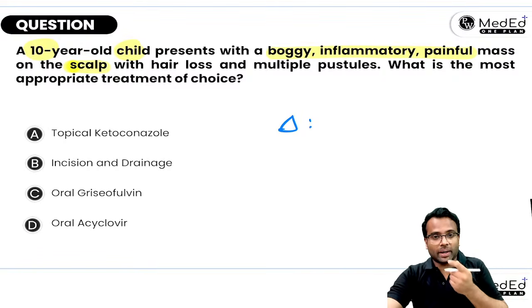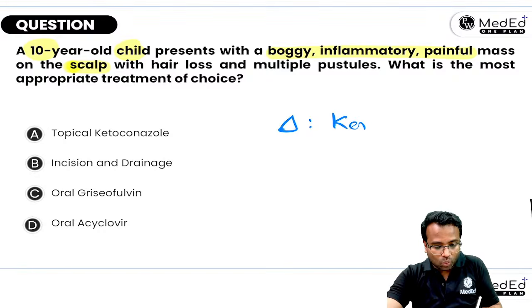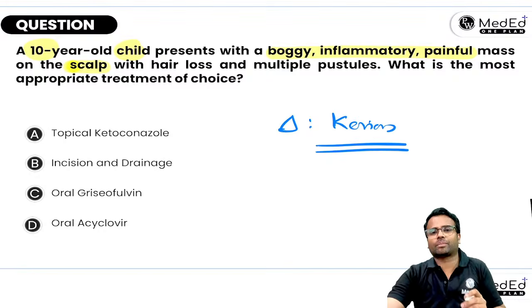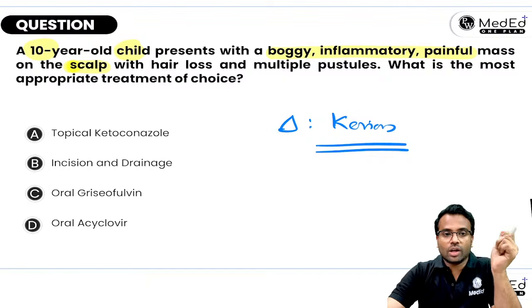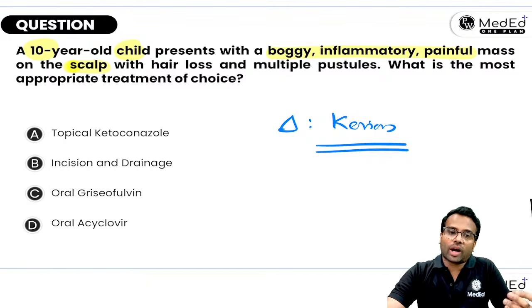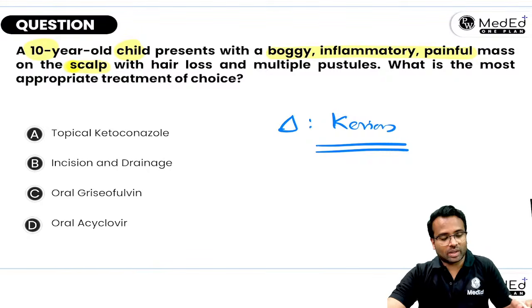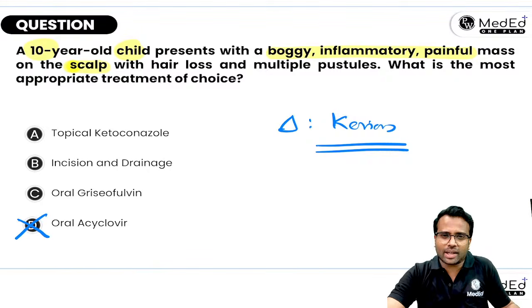Yes, this one is going to be kerion. So what is kerion? A very common fungal infection of the scalp seen in children, right? Very good, Harish. And in kerion, how are you going to treat the patient? Will you apply a topical ketoconazole, go for incision and drainage, give oral griseofulvin, or oral acyclovir? Definitely, I can rule out acyclovir, right?